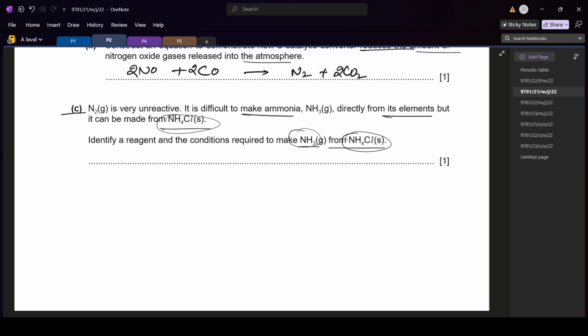Okay, ammonium salts react with bases. So you can take any strong base, but the base should be strong. So you can take any group 1 hydroxide and group 2 hydroxide except magnesium hydroxide. Okay, so I'm taking sodium hydroxide here, a simple one, and heat is required.